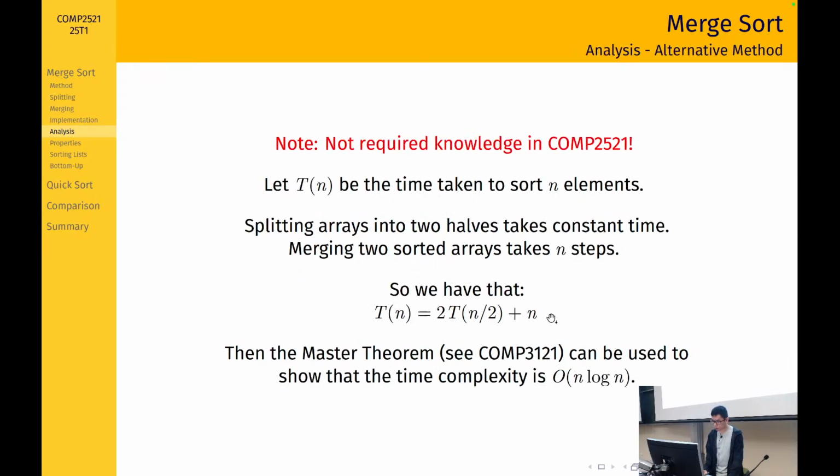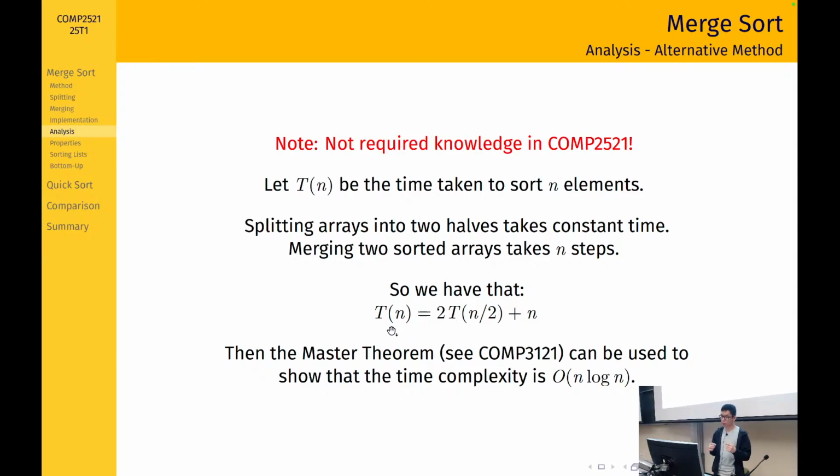Okay, so another way you could analyze merge sort is to use a technique called the master theorem, but that's out of the scope of the course. The master theorem is something you might learn in COMP2521.